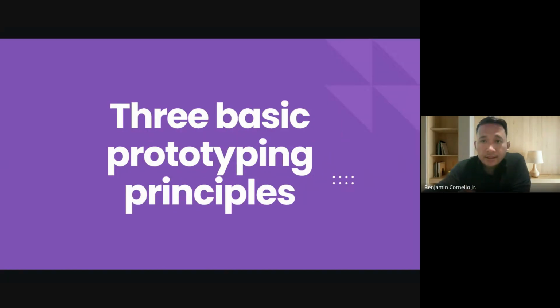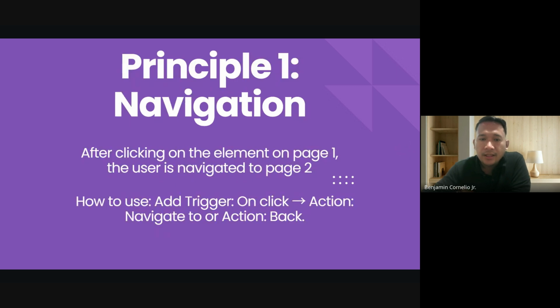Now, where's my slide? Okay, there we go. There are three basic prototyping principles that we can remember. Actually, there are like 6 or 7. So principle one, navigation, which is very basic.